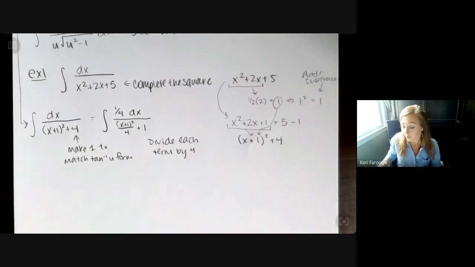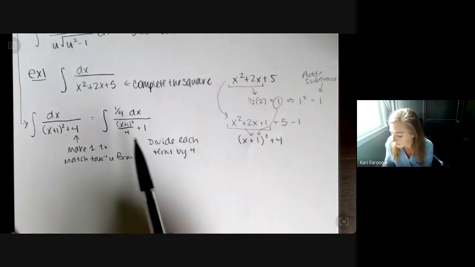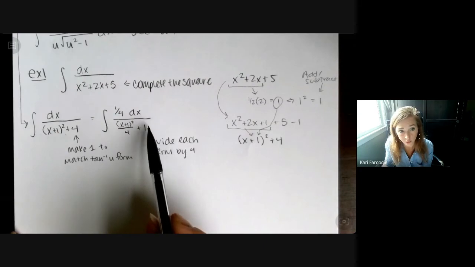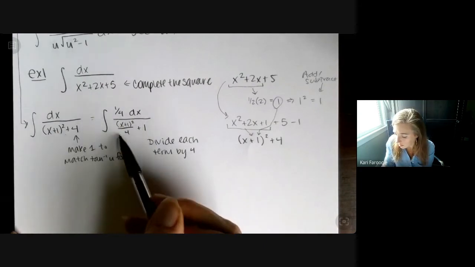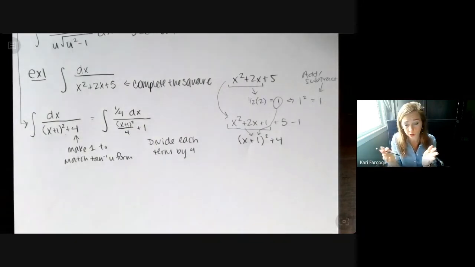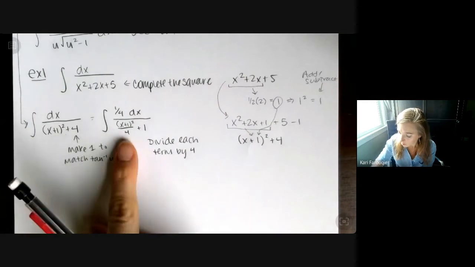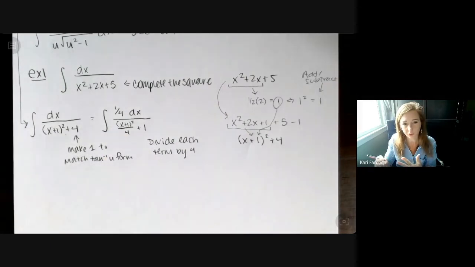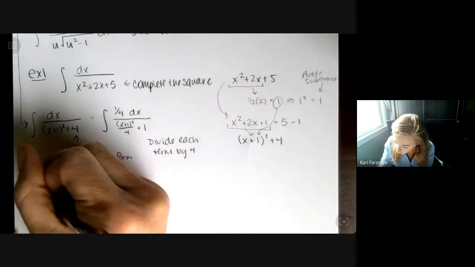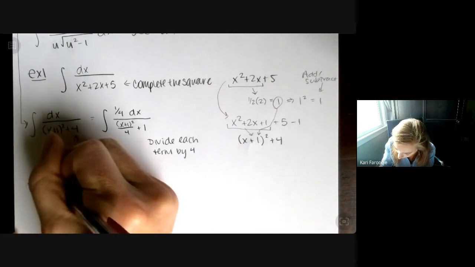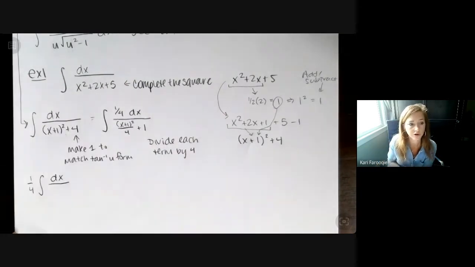Okay, so now one major thing we need to do here is this is a 1, which is what you want it to be. You want this term to be a whole quantity that's being squared. Well, right now, only the x plus 1 is being squared. So we need to rewrite this so it's an entire quantity squared. So I'm going to first pull this 1/4 out front just so it's not distracting me from the numerator.